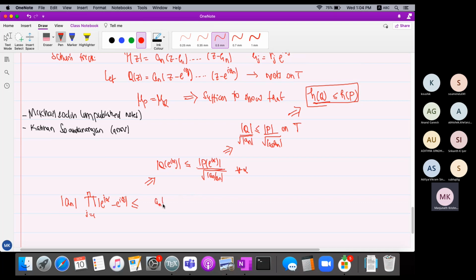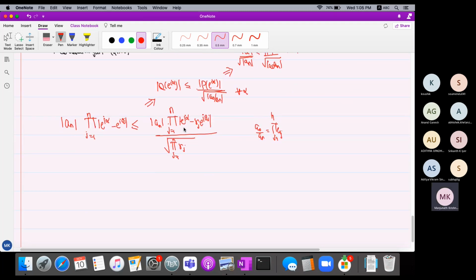It is the absolute value of a_n times the product of e^(i alpha) minus, now the roots are r_j e^(i theta_j), j equals 1 to n, divided by square root of a_0 by a_n, which is the product of the roots of p, so that will be the square root of the product of r_j, because a_0 by a_n is the product of zeta_j. So this is what you want to show.